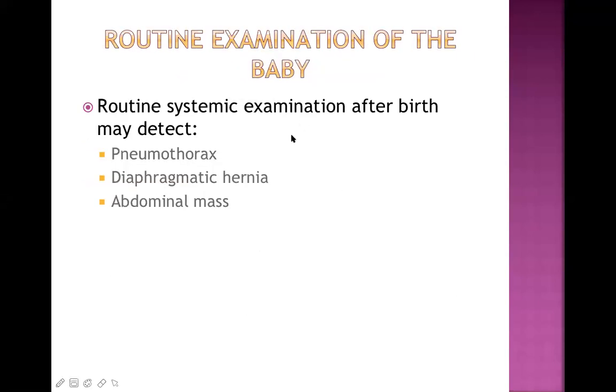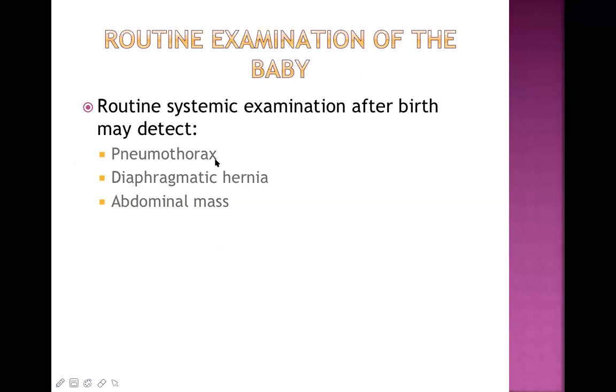Now, these are the routine systemic examinations we do after birth, and they may detect some other congenital malformations like pneumothorax, then diaphragmatic hernia and abdominal mass. Some of them may be associated with some pathological lesion like pneumothorax.